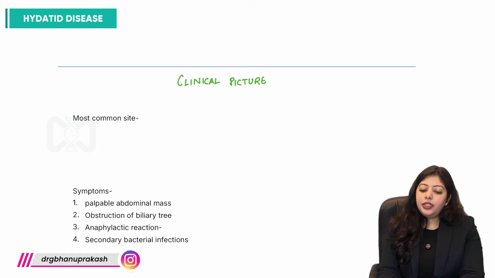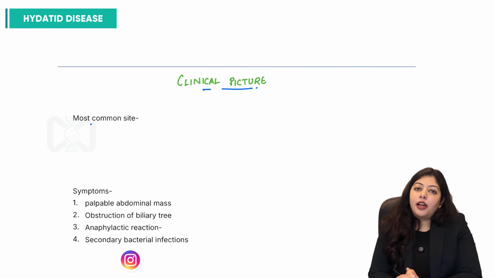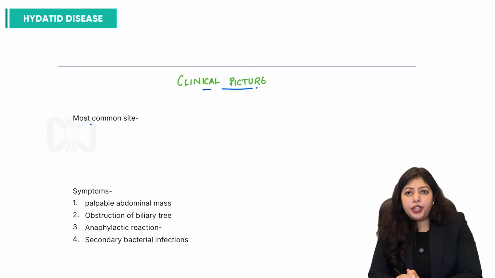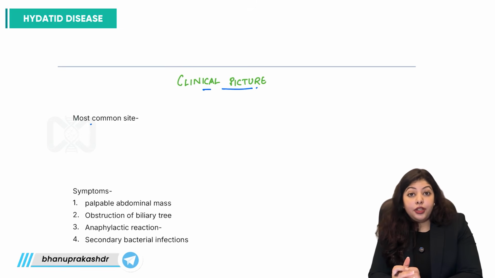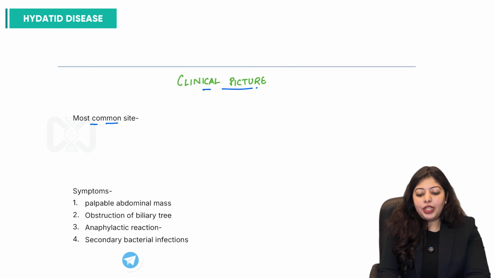So what is the clinical picture? We have said that these cysts are going to get developed in the body, and they might be present at one site, they might be present at different sites. So what is the most common site where this cyst goes? It is the liver.